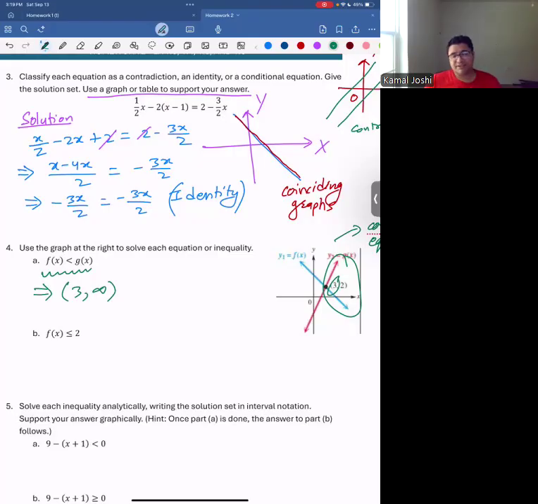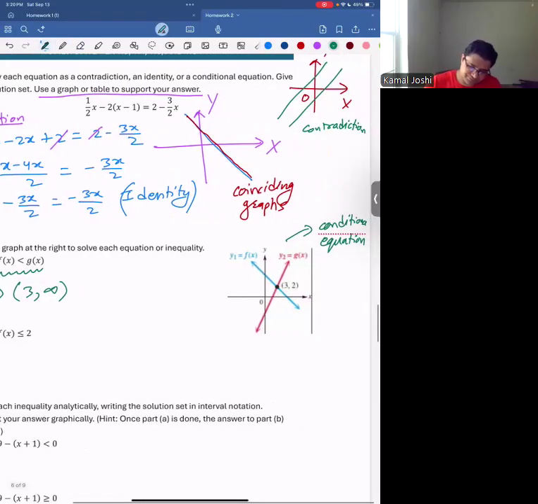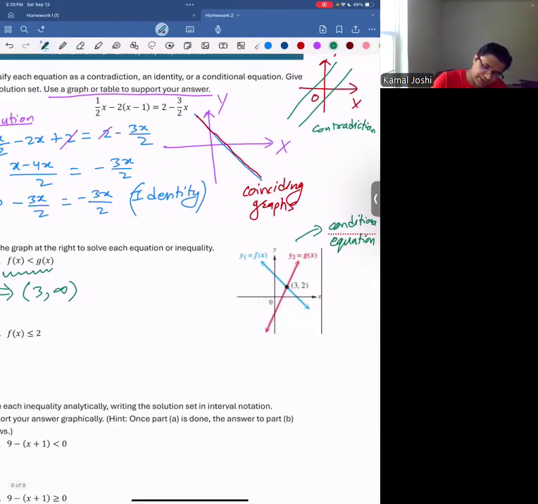The second inequality here is comparing just f. f of x is equal or less than 2. Okay? And to understand that, let me first erase this and draw a line. That is point 3 comma 2. So the equation of this line is y equal to 2. All right.